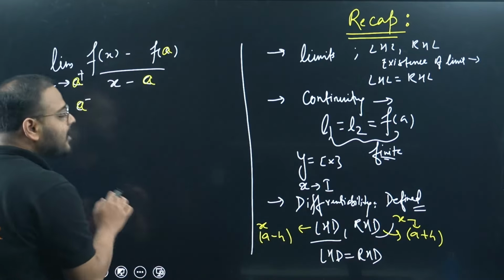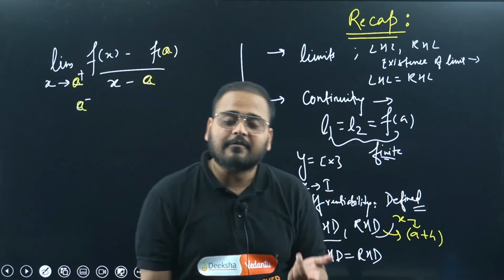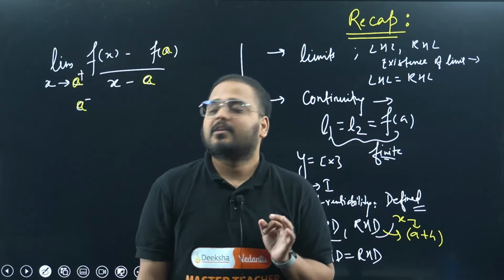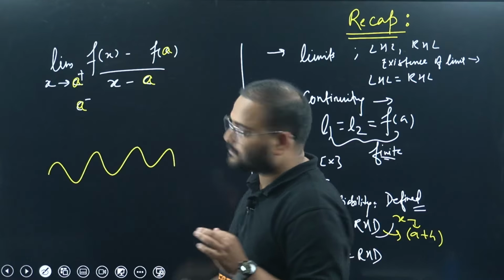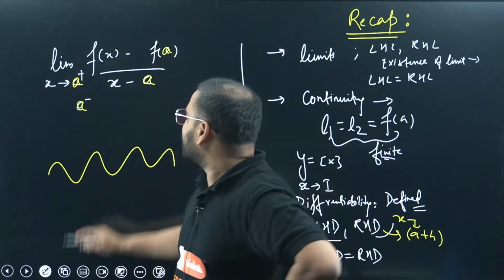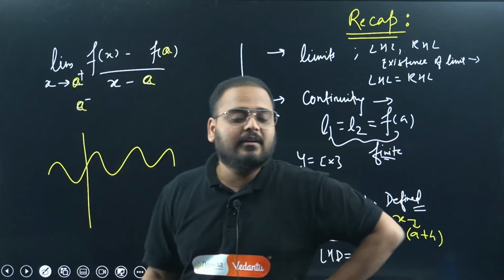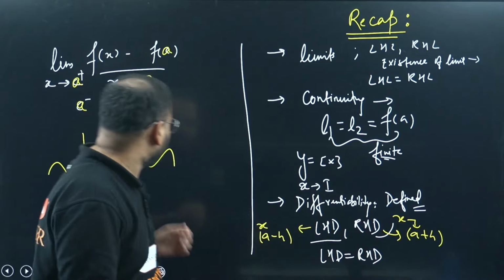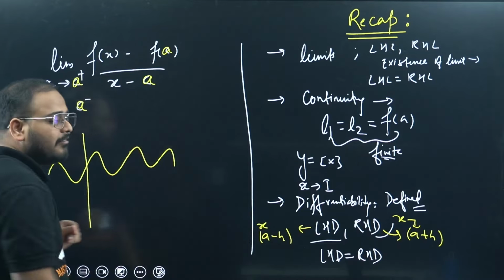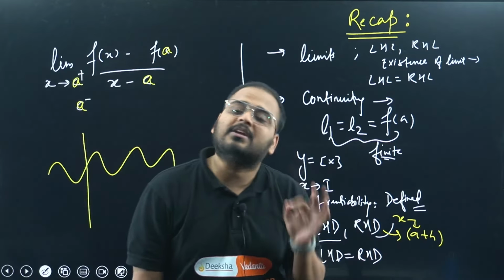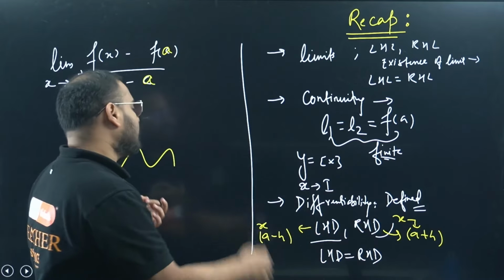Also, we learned the graphical approach. If you have the function's graph, I took the example of sine x. If at any point you take the tangent of the graph and you get a unique tangent, the function is differentiable.